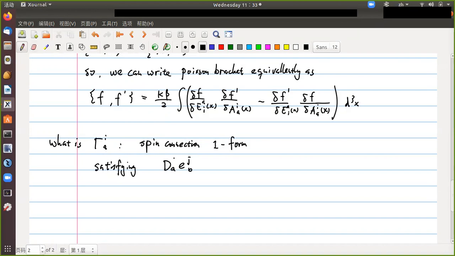What is this D_a? It is firstly partial_a E^b_j minus gamma^c_{ab}, where gamma is just the Christoffel symbol.